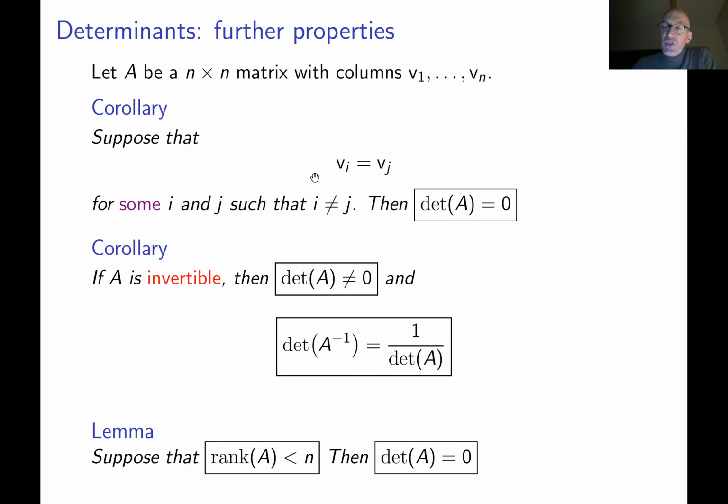If you know that two columns of your matrix A are the same, in particular, this means that the rank of A is less than n. Because what is the rank of A? It's the dimension of the column space. So if your column space is not the whole n-dimensional space, is not Rn, it basically means that your n columns must be linearly dependent.